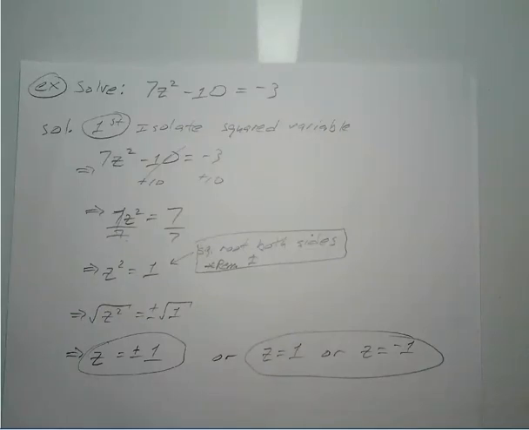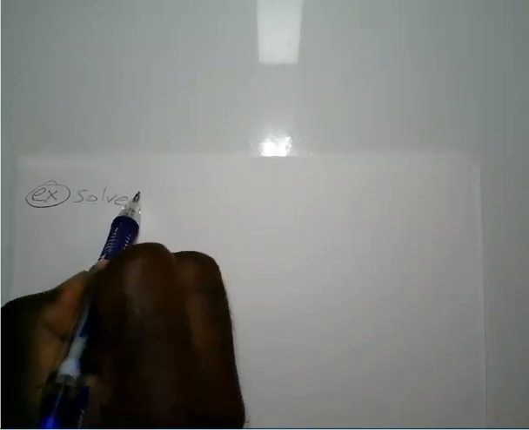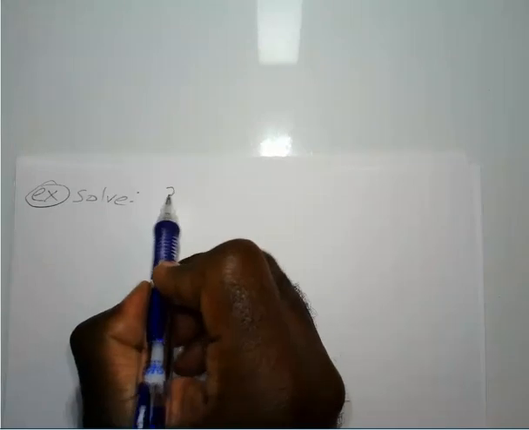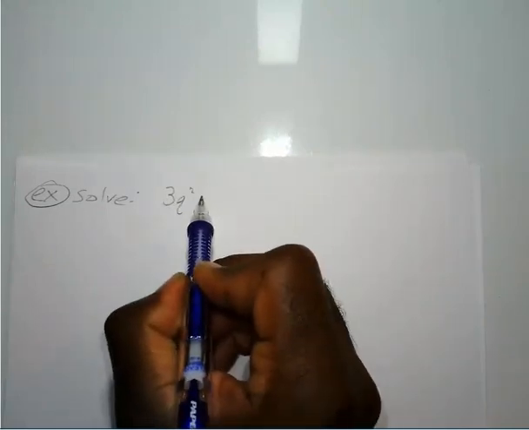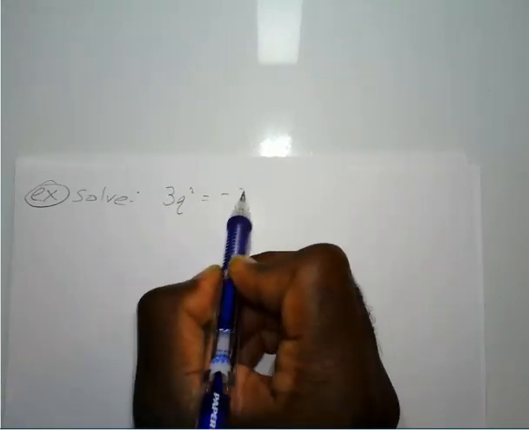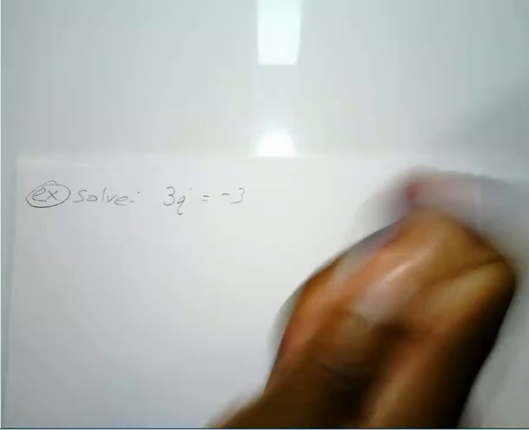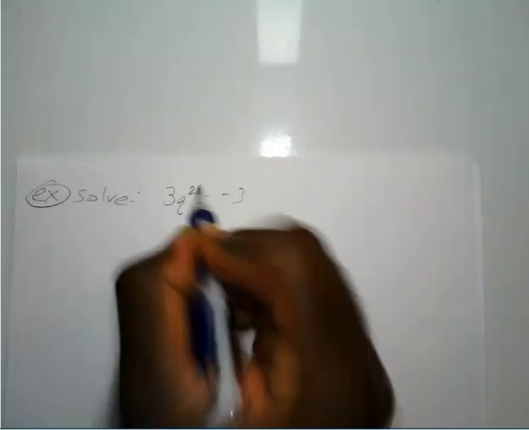Alright, so let's go ahead and do another example. Okay, so let's say we want to solve 3q squared equals negative 3.